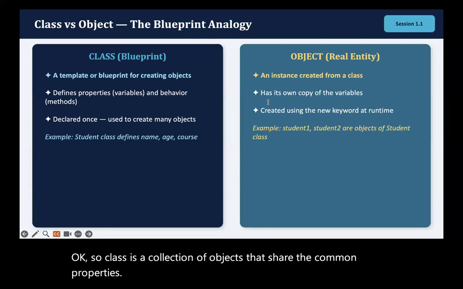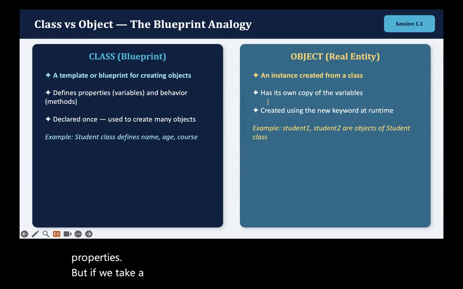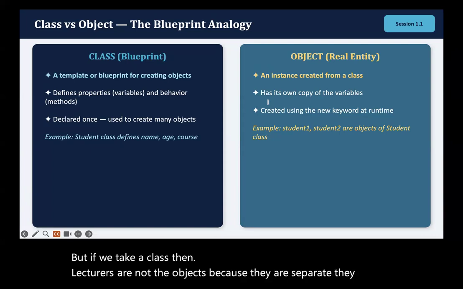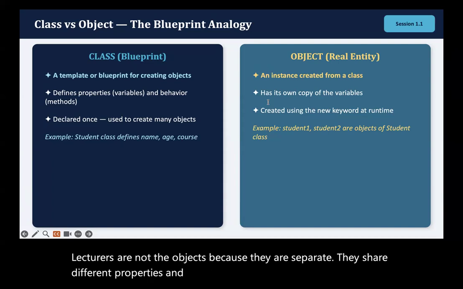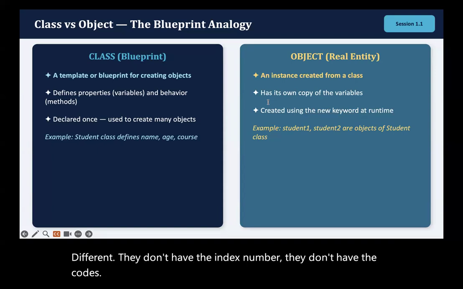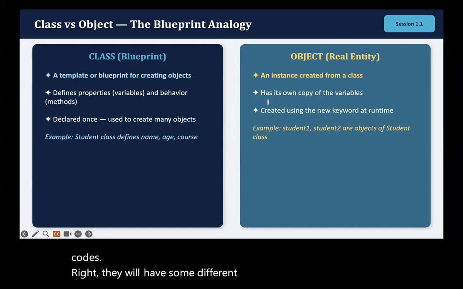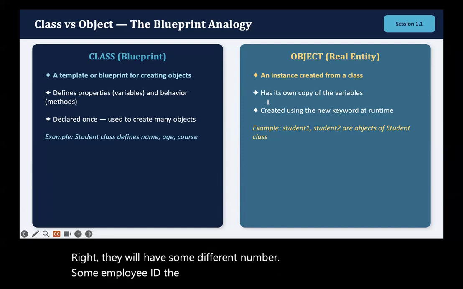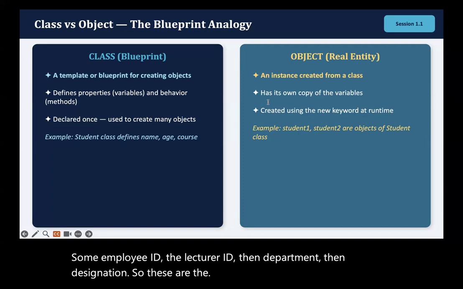But if we take this class, then lecturers are not the objects because they are separate. They share different properties. They don't have the index number. They don't have the course, right? They will have some different number, some employee ID, the lecturer ID, then department, then designation. So these are the lecturers' properties.